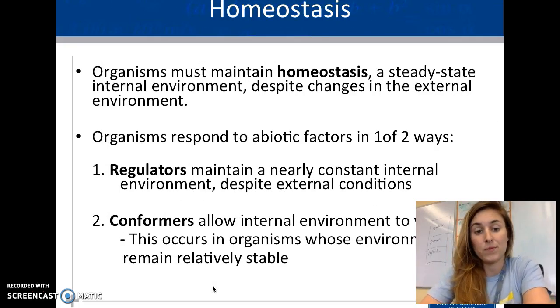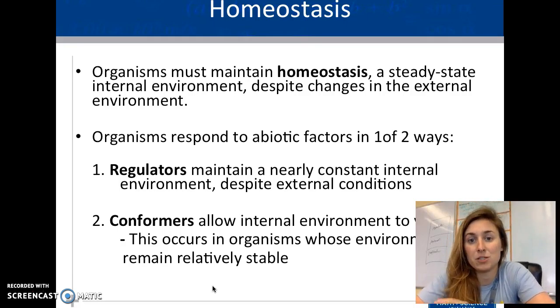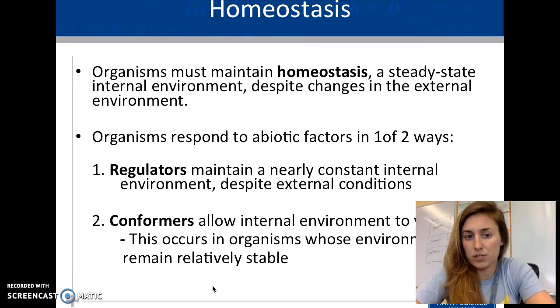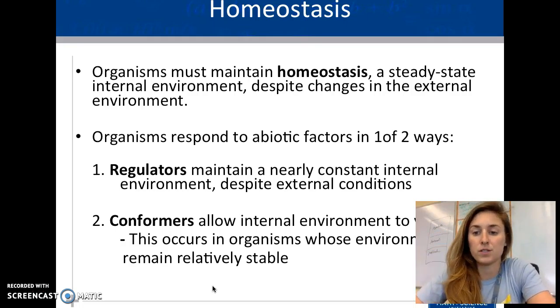Talking about homeostasis, we need to regulate it on a small scale, like a person, or a large scale. There are certain organisms that are regulators. They maintain basically constant internal temperatures. We would be regulators. Conformers, they adapt, right?